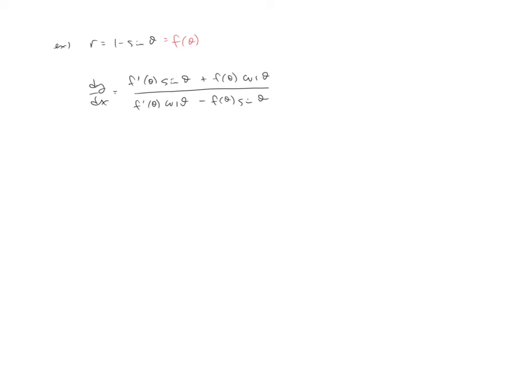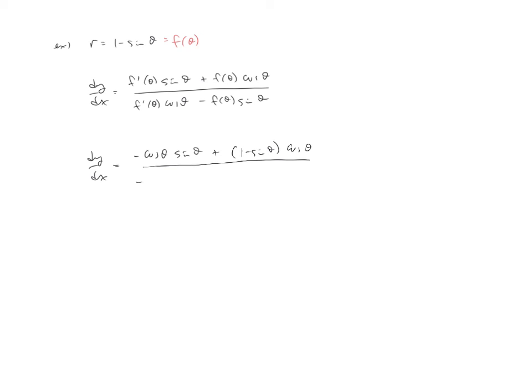So we've got our dy/dx, and our f prime would be a negative cosine theta. That would be the derivative of this guy, followed by sine of theta. So that sine and that sine are the same. Then we'll have our plus f of theta, which would be 1 minus sine theta, times cosine, all over.